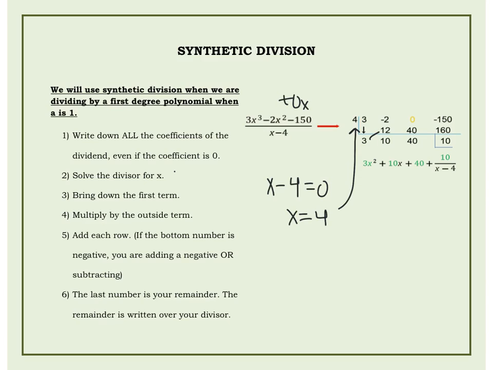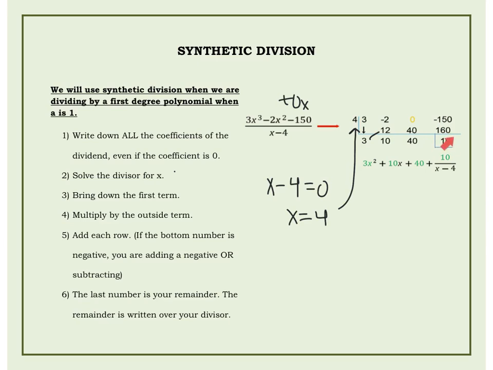Okay? We're going to add these together. So negative 2 plus 12 is positive 10. And we're going to keep repeating the process. 10 times 4 is 40. Add these together, you get 40. 40 times 4 is 160. Add these together, you get 10.